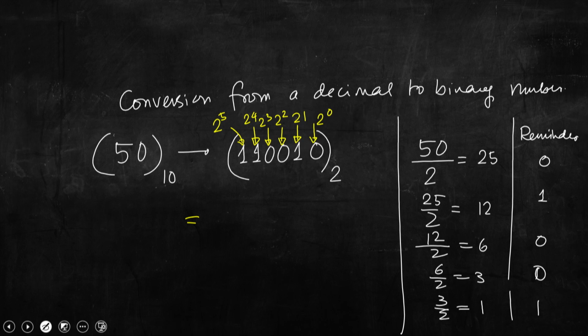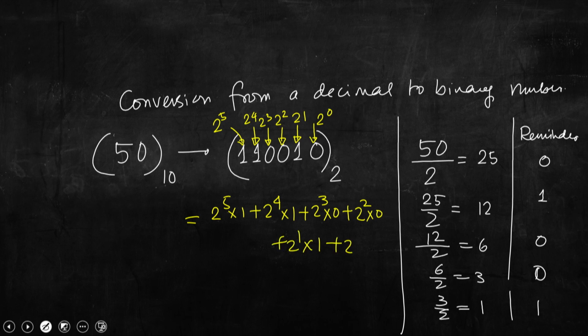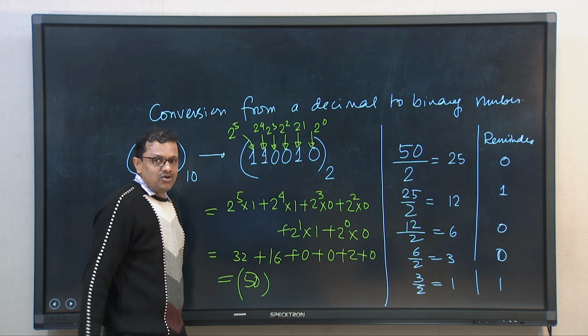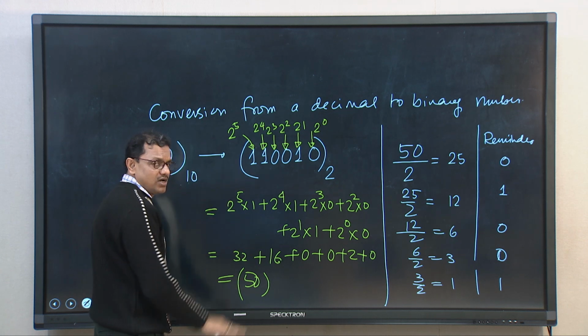So, we can write 2 power 5 into 1 plus 2 power 4 into 1 plus 2 power 3 into 0 plus 2 power 2 into 0 plus 2 power 1 into 1 plus 2 power 0 into 0. Essentially we get 32 plus 16 plus 0 plus 0 plus 2 plus 0, which is equal to 50. So, using this method we can write a decimal number as a binary number.